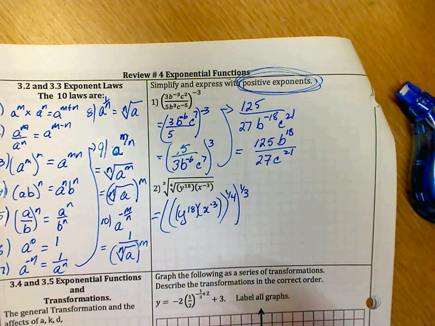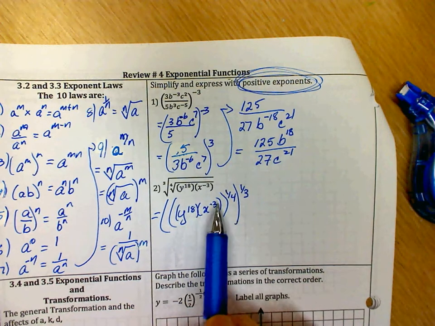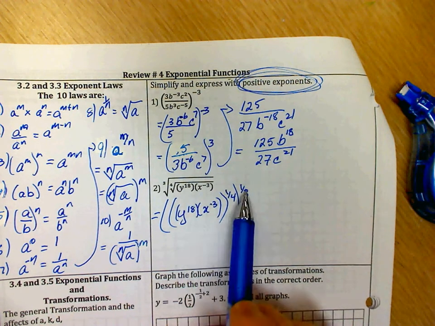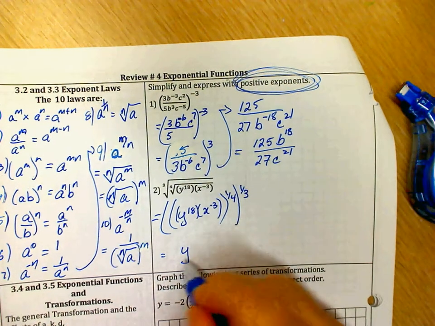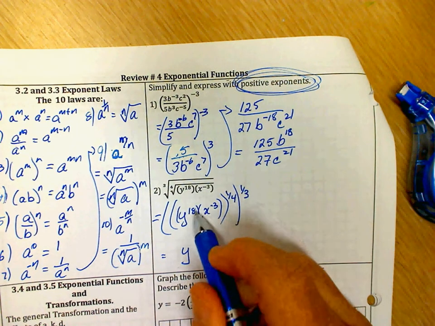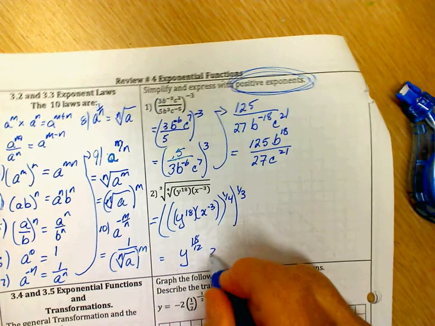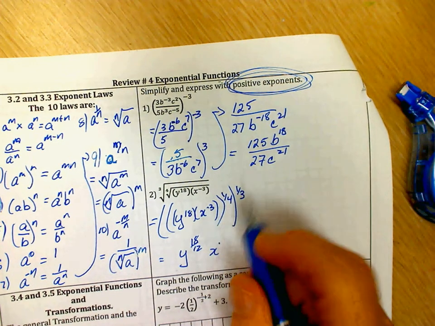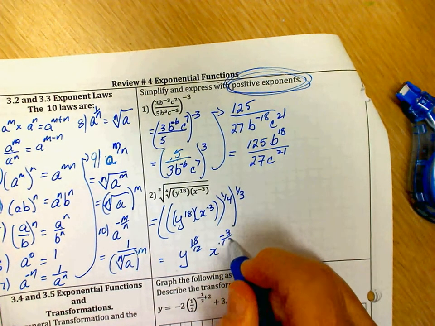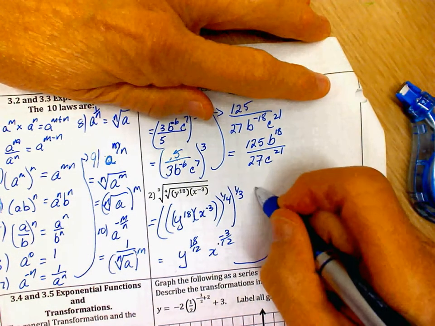Now we have an exponent to a power, so that would make it y to the 18 over 12. X to the minus 3 would be minus 3 over 12. Reduce those exponents to lowest terms.